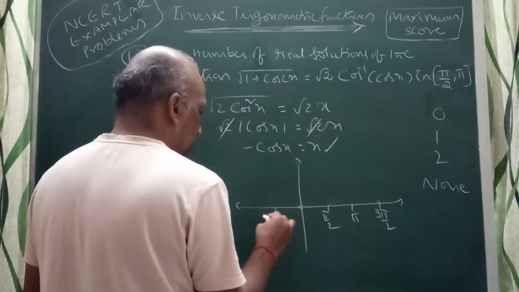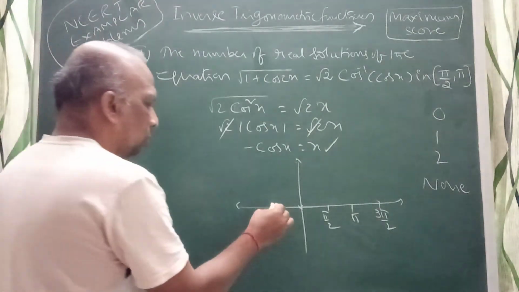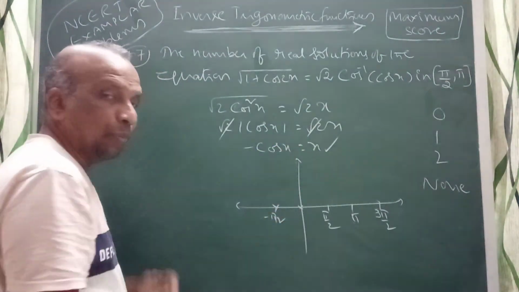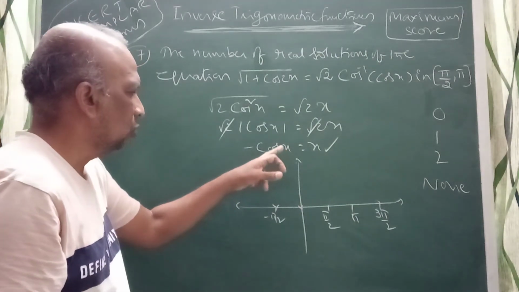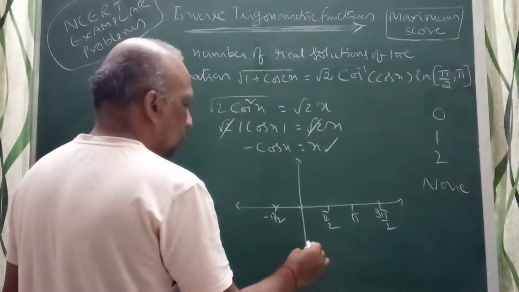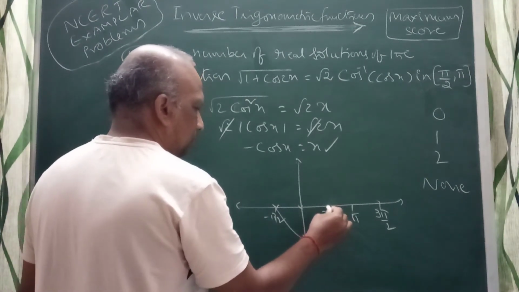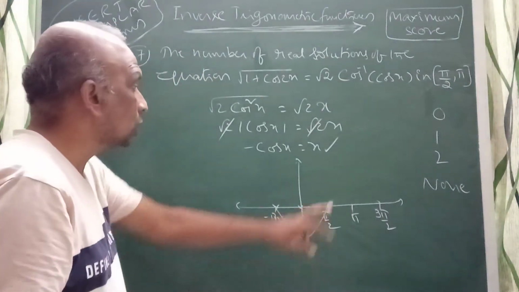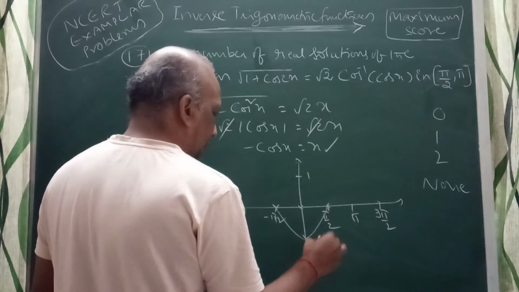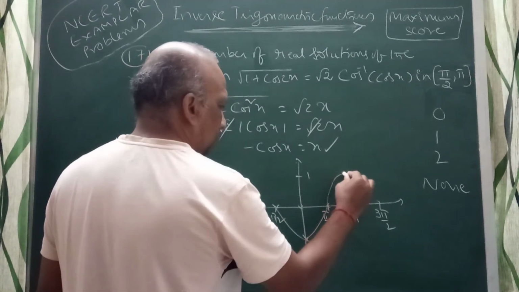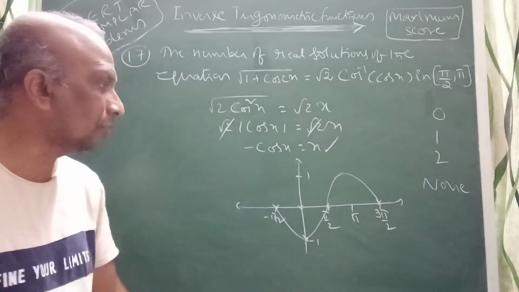If you think about the graph of minus cos x, at pi by 2 it is 0. At pi, cos pi is minus 1, so minus cos x becomes 1. Let this be 1, this be minus 1. The graph will come like this. Correct? This is the graph of this one.